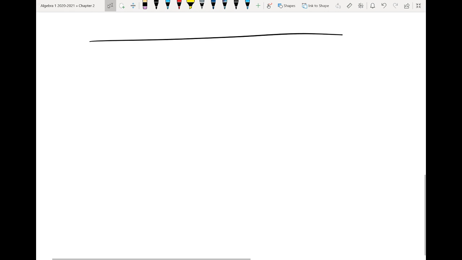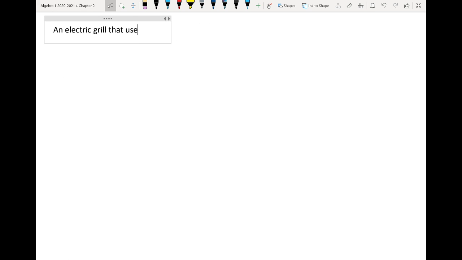And our last example for today. We have an electric grill that uses 1,600 watts of electricity, and it's plugged into the circuit described in example 3. We're going to write and solve an inequality.